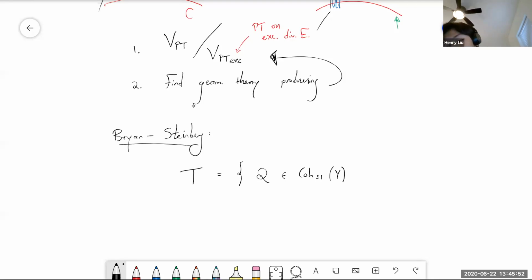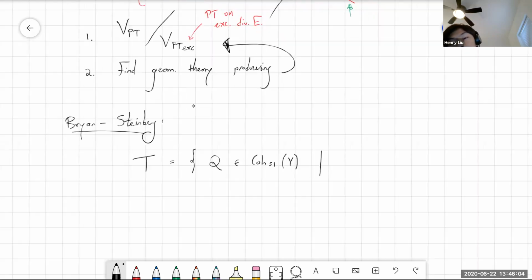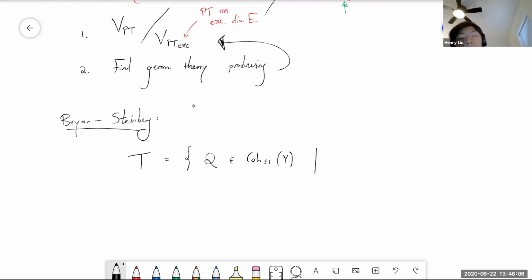Okay. And here there's a slight subtlety. You don't just want all the curves which are supported on the exceptional divisor. You actually want the ones which are supported there but behave cohomologically like points.